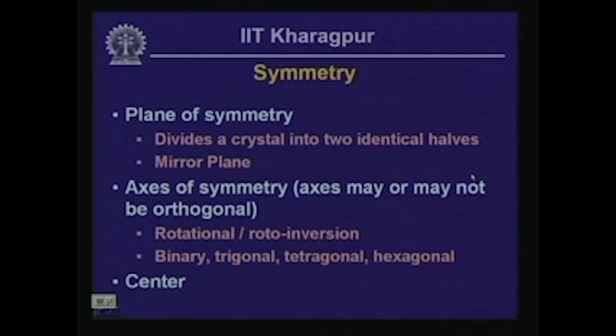The first one we want to look at is what we mean by symmetry. Symmetry means that there could be planes of symmetry or axes of symmetry. A plane of symmetry means that the two parts of a body on either side of that plane are identical to each other.